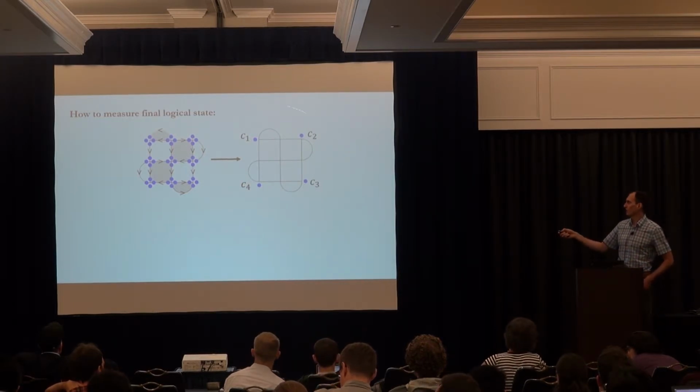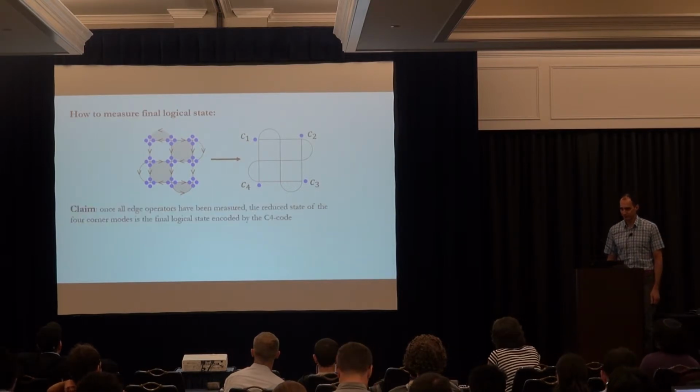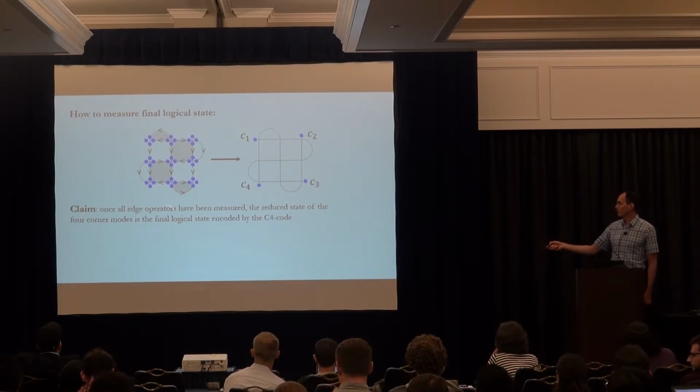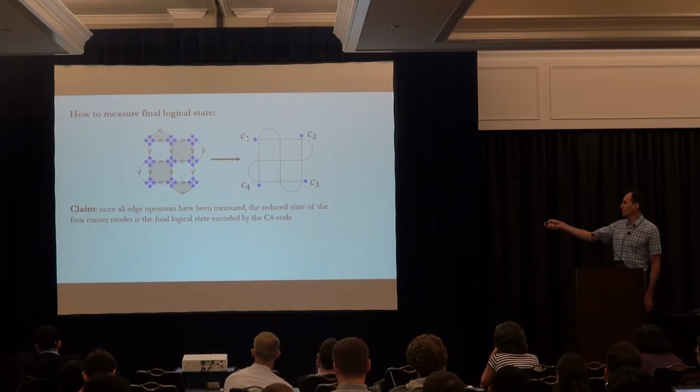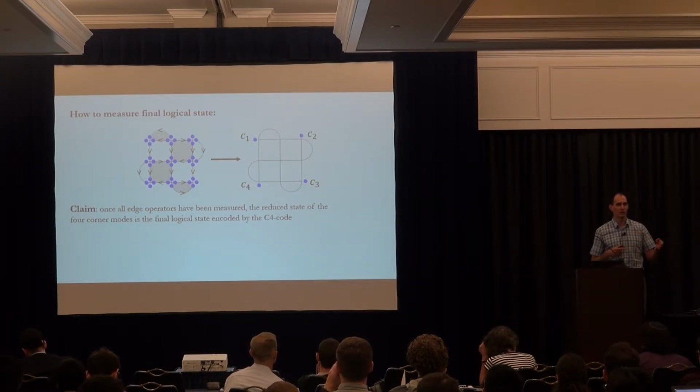So these modes remained unmeasured. One nice property one can check is that the reduced state of these 4 corner modes is actually the final logical state, which is encoded by the fermionic C4 code.